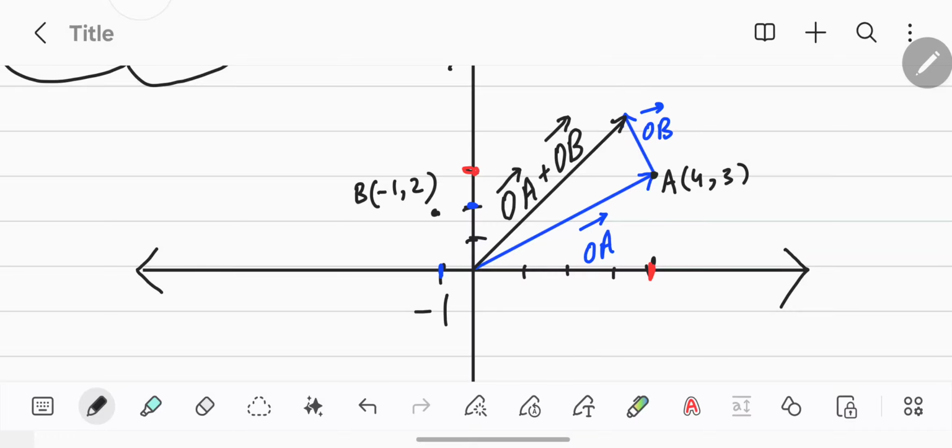Okay, let's look at another question. We have solved OA and OB. So this is OA and OB. This black vector is OA plus OB, okay? This vector is OB, this vector is OA, and this black vector is their sum OA plus OB, okay?